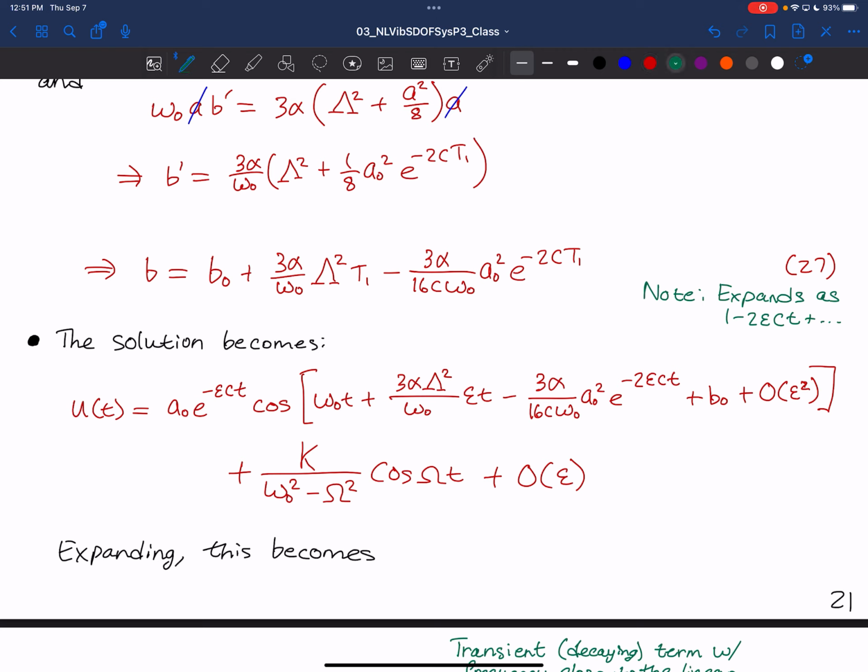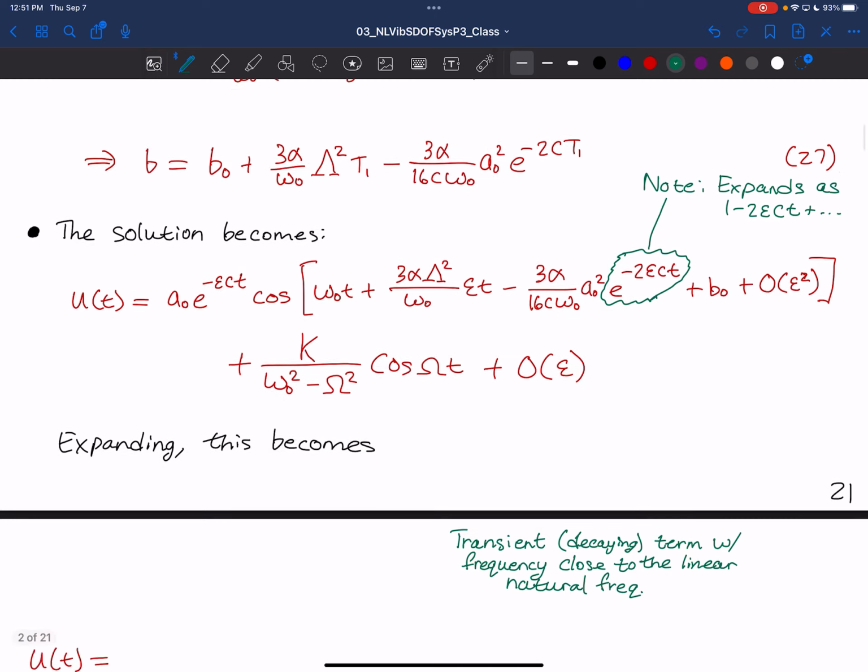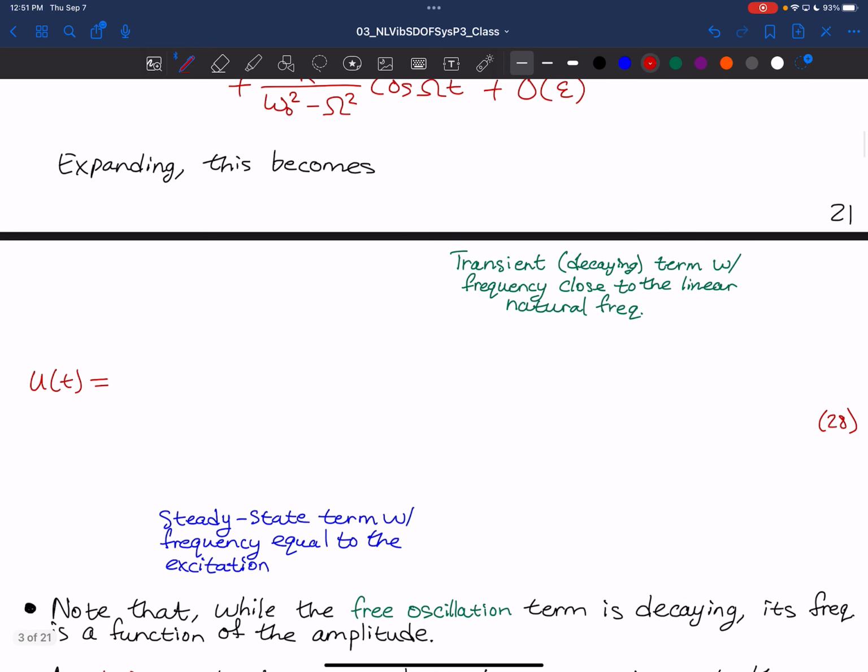Okay, so this exponential that we have inside the first cosine, we can expand as shown above. And when we expand that, what we end up with is the following.